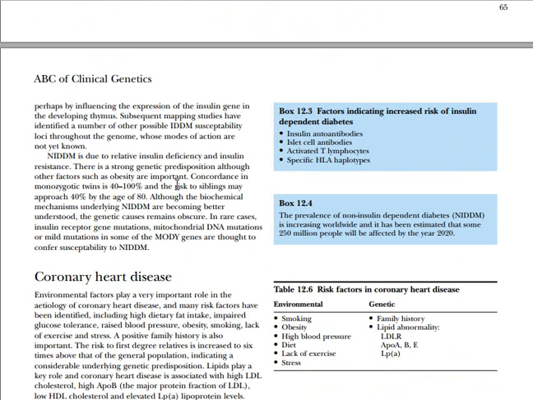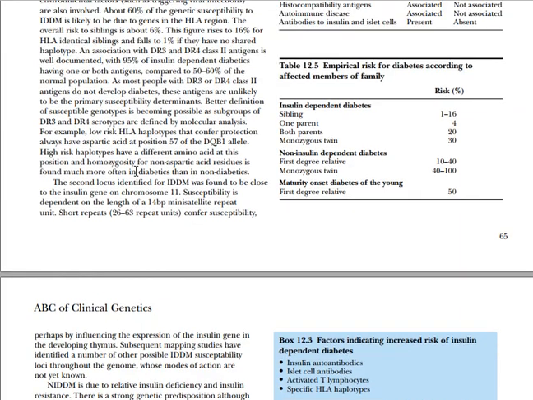You need to know that non-insulin dependent diabetes mellitus is even more genetic, more inherited, than insulin dependent diabetes mellitus. You can see that in this table, which shows the empirical risk of diabetes according to the affected members of the family.